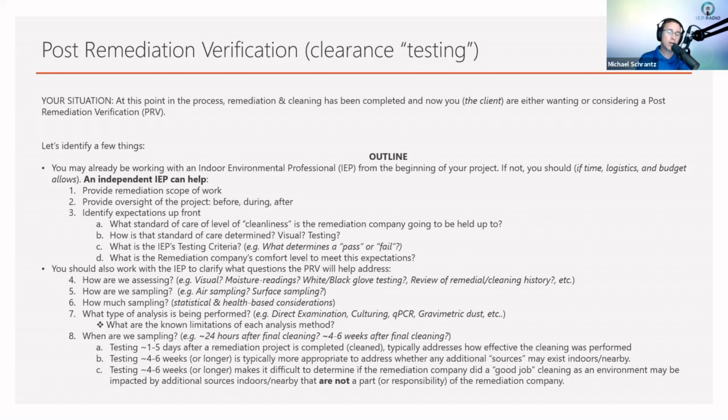Maybe the remediation company did a really good job cleaning. They did what you paid them to do, but you have another source that recontaminated the environment, and that's what you're now seeing in the sample. So it's important to address the timing of when you're doing any sampling or assessment, and what you're really going to be able to help answer when you are sampling at the time you do.